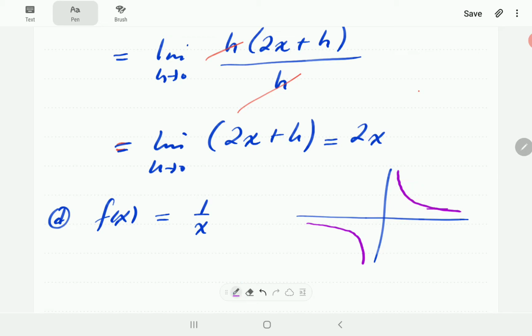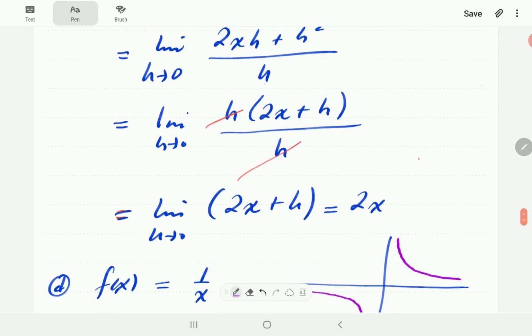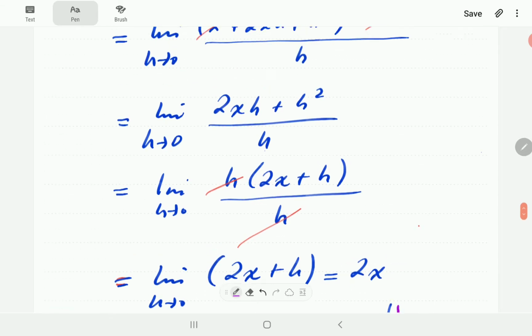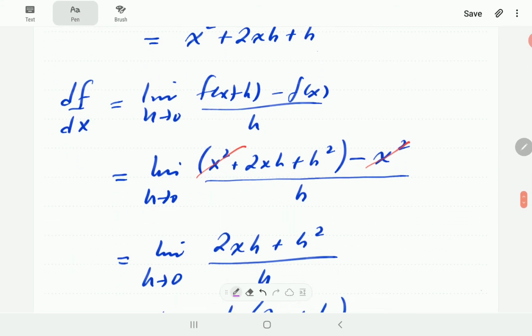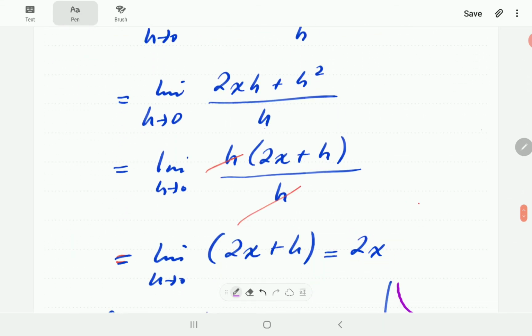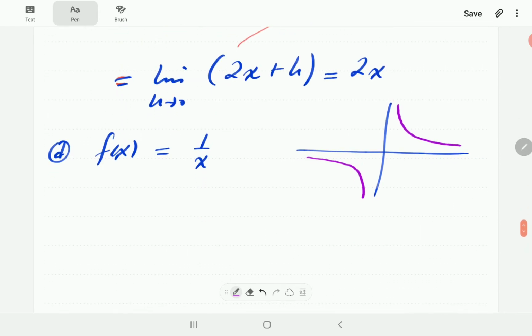So you can see this side is down sloping, and this side is always down sloping. Maybe before we go to this one, with 2x, this side 2x is always positive, like we're saying, gradient is always positive, and this side 2x is going to be negative, because if you plug in any negative value of x here, you're going to get something negative. So for this one, we expect that the gradient must always be negative.